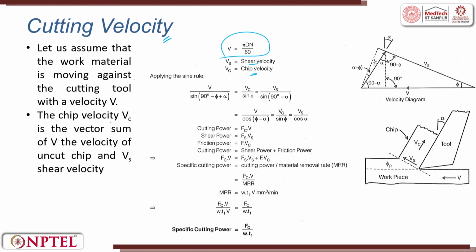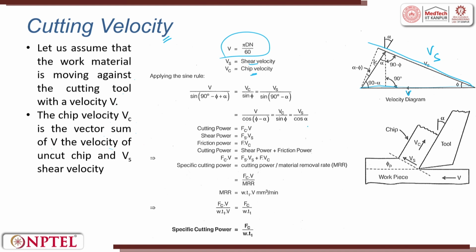The chip velocity Vc is the vector sum of V, the velocity of the uncut chip, and the velocity along the shear plane. So, here we are trying to plot the velocity diagram. This is V, and along the shear plane is Vs, the velocity along the shear plane.